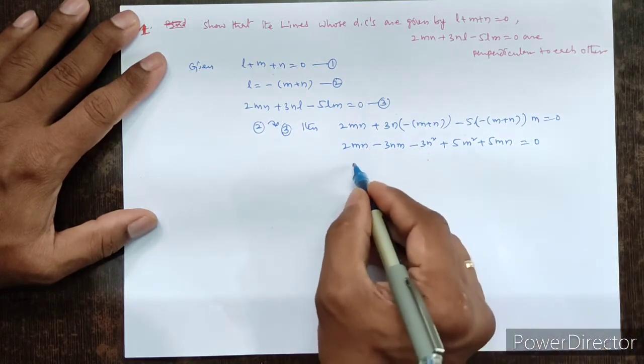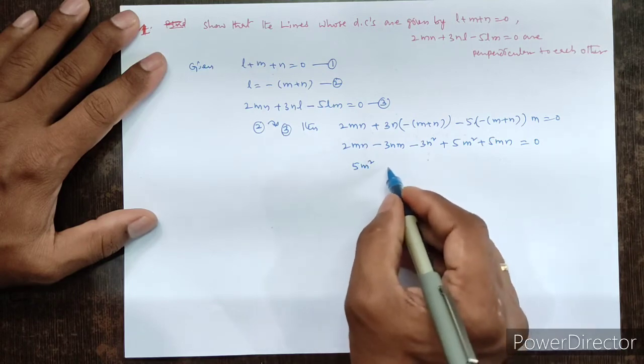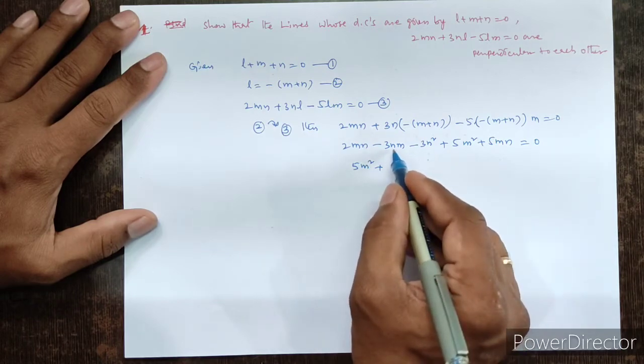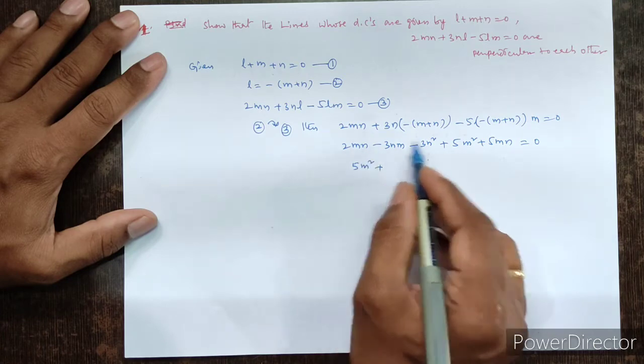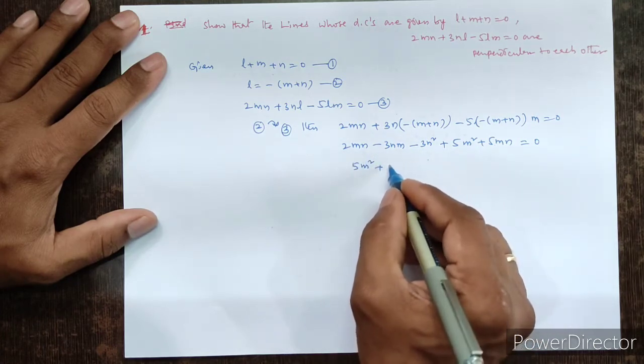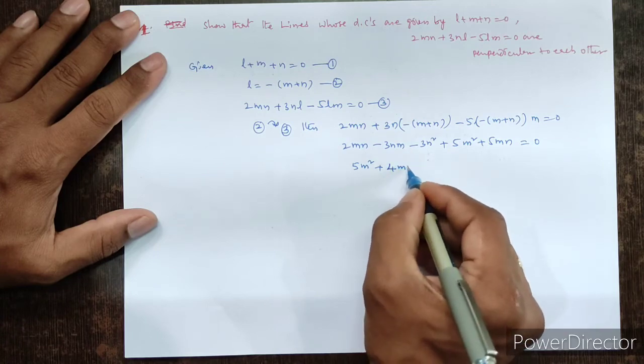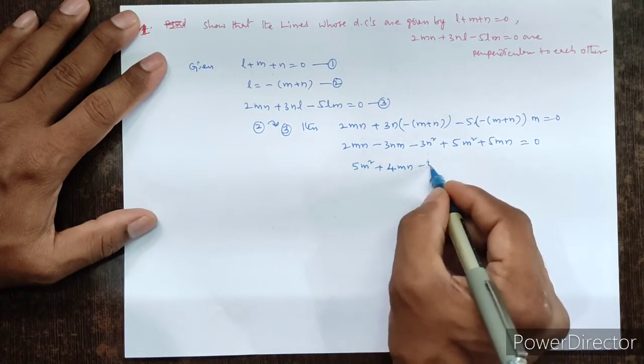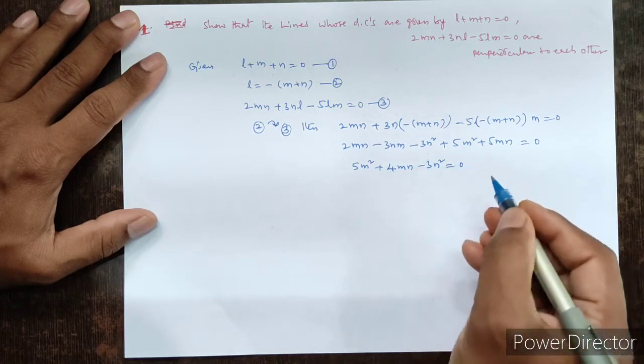So 5m square plus this is minus 3mn, this is 5mn, 2mn plus 2mn, that is nothing but 4mn minus 3n square equal to 0.